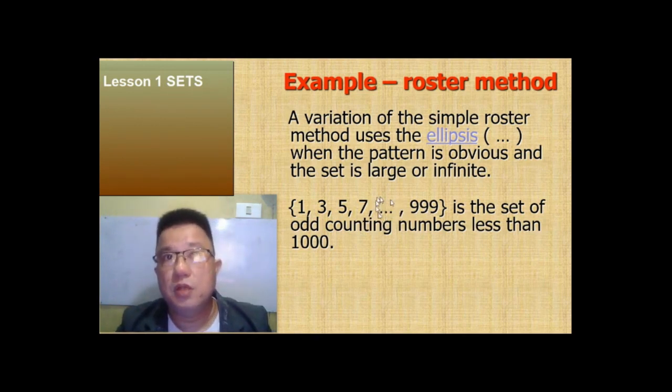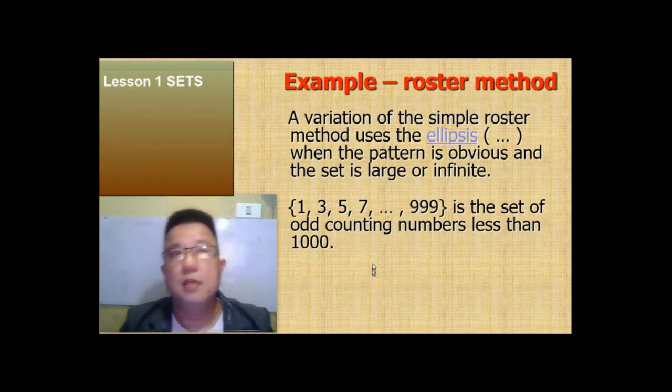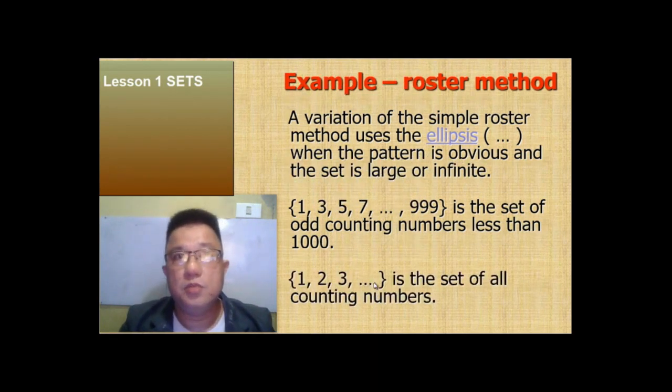You know that there are numbers in the middle. This one ends at 999 because it's only less than 1,000. This one is the set of all counting numbers, so you don't end. After the ellipsis, there is no value because it is infinite.